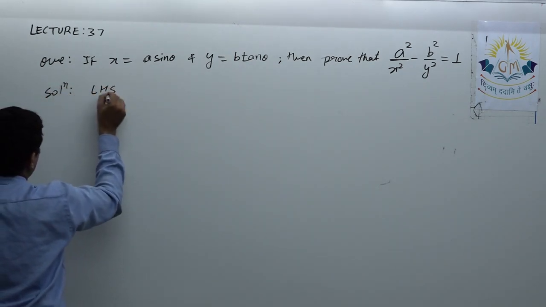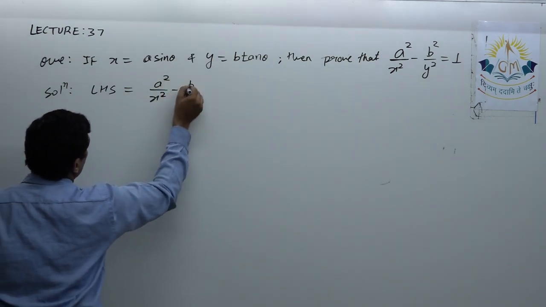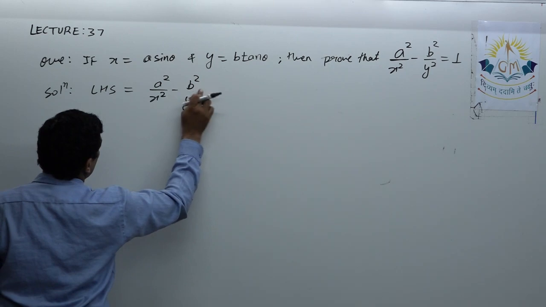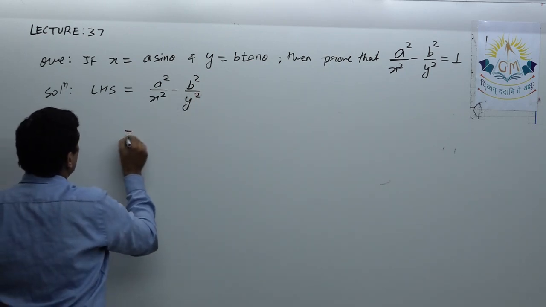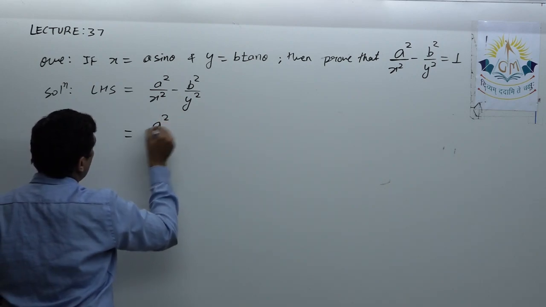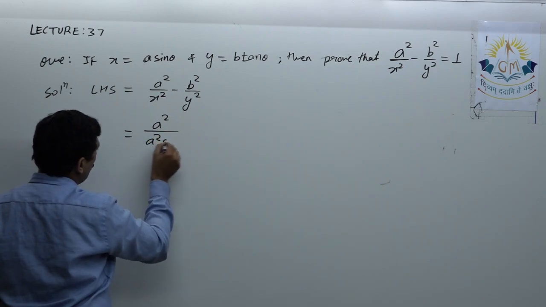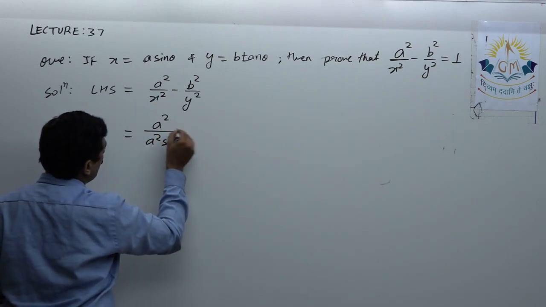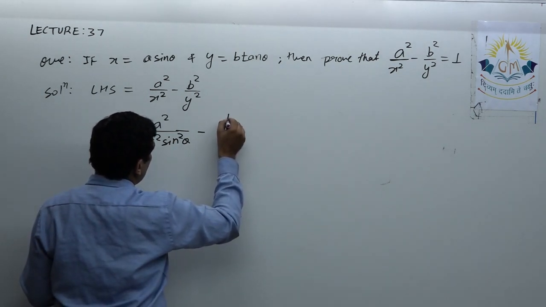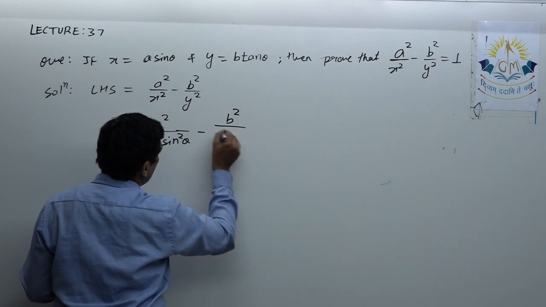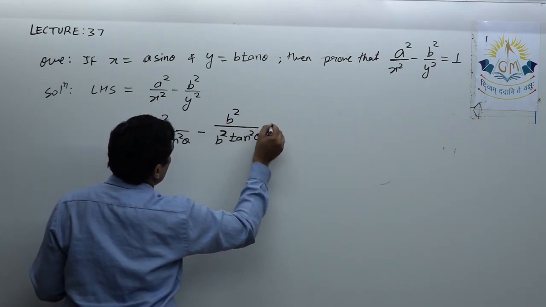So left hand side says a square upon x square minus b square upon y square. Simply we have to put the values of x and y, so it is a little bit easier. So x is a sine theta, so this will become a square sine square theta, minus y is b tan theta, so this will become b square tan square theta.